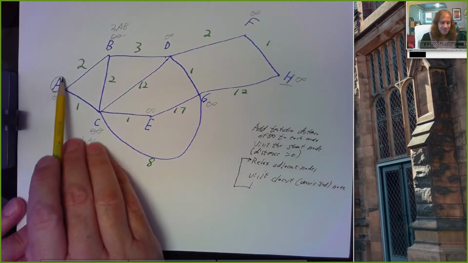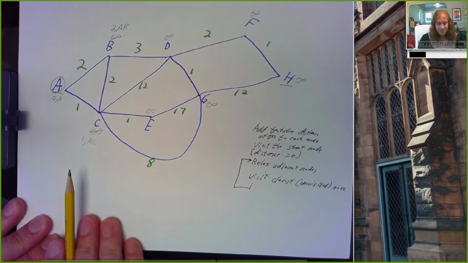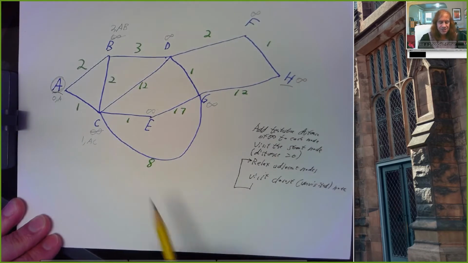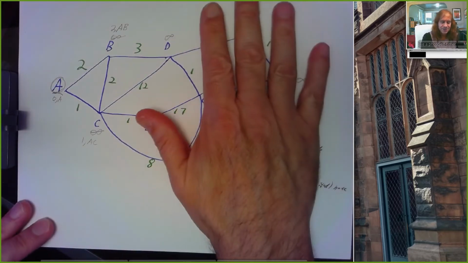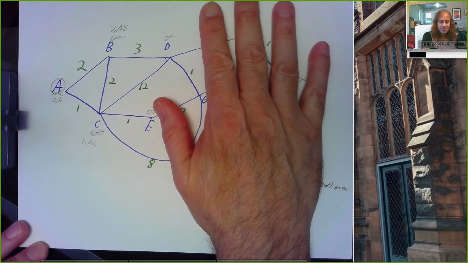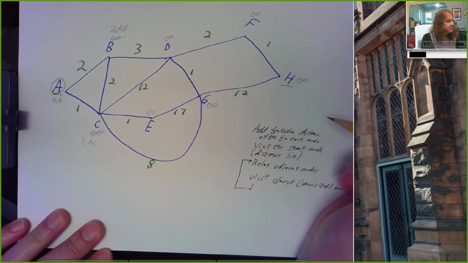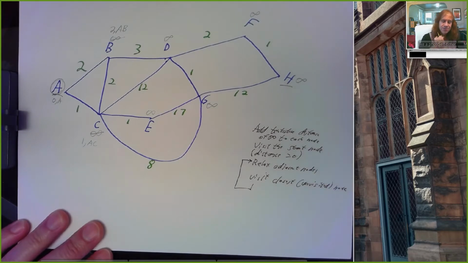So I started off by visiting this node and relaxing adjacent nodes. If I mark another node as visited and I start relaxing those and I turn that in, I have no way of knowing when you visited what. So yeah, you could try listing off on the side the order in which you visit these nodes.